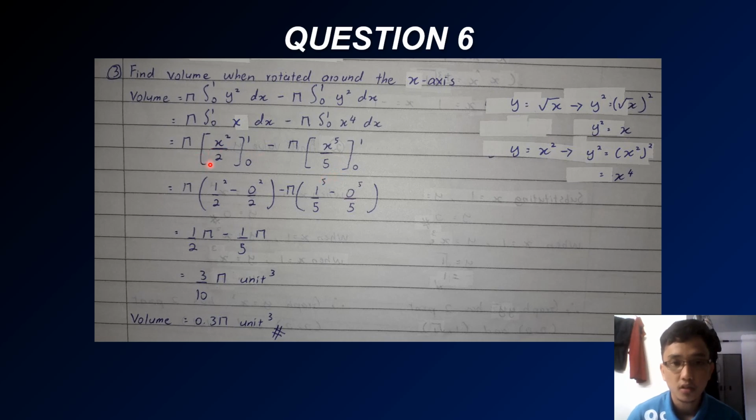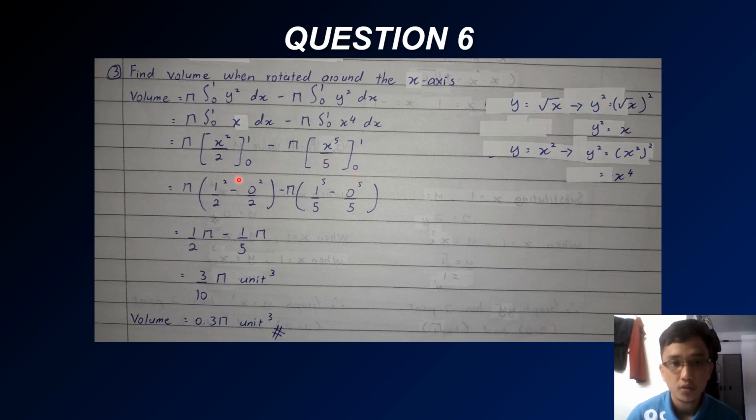So we get pi [x power 2 over 2] from 0 to 1 minus pi [x power 5 over 5] from 0 to 1.